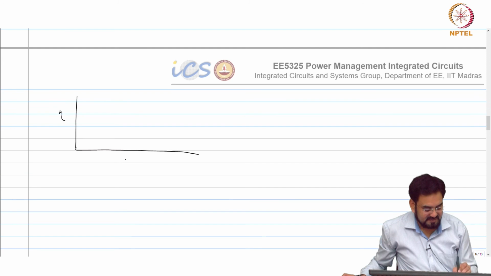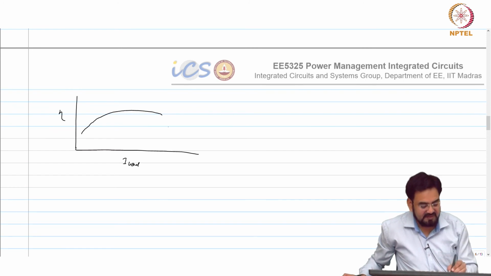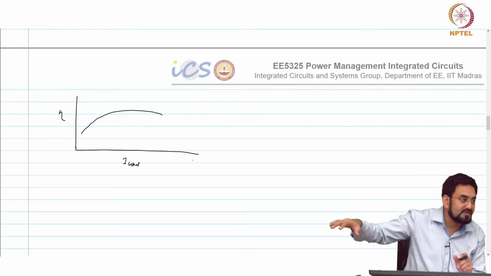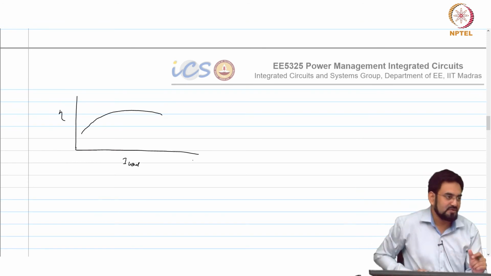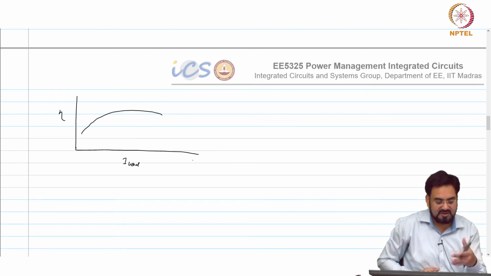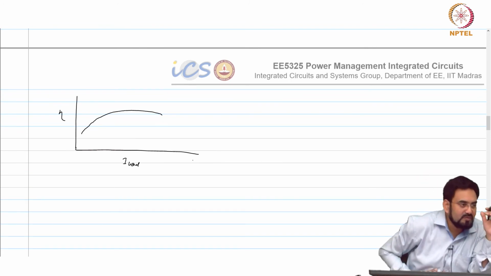So, if this is efficiency, this is I load. Usually this is how the curve looks like. It will start dropping at very high load because your I square R losses will start dominating. So, when you go, let us say, beyond 1 amp or so, it will start dropping because you have designed like 90% efficiency for 1 amp load.